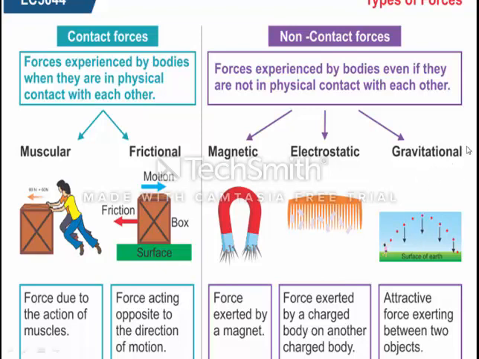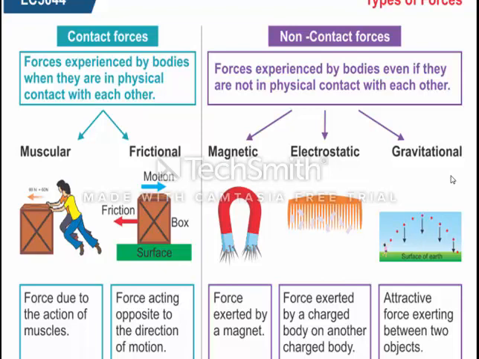And third is our gravitational force, that is an attractive force. Gravitational force is always an attractive force, and it is exerted between any two objects. Like if we drop a ball from a height, the gravitational force will attract that ball towards itself.